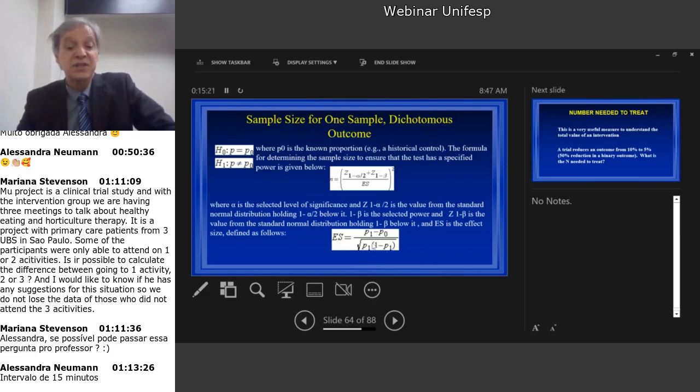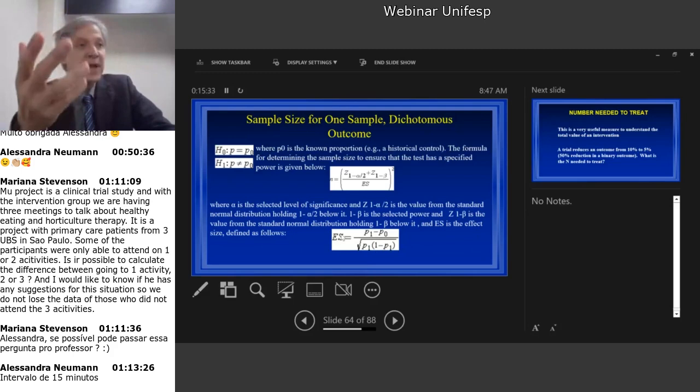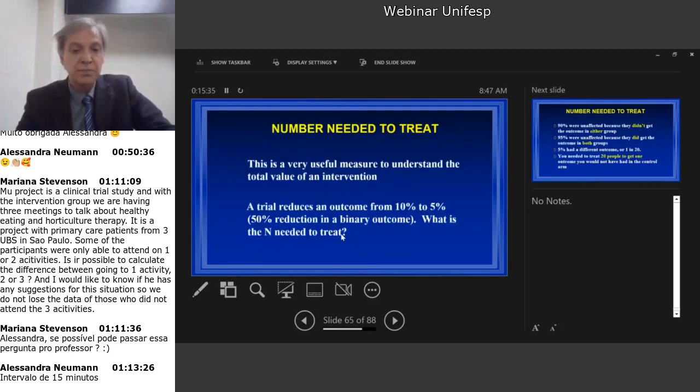In this case, the variance is PQ, like a Bernoulli. So you have your effect size, you have your formula, you plug in the values you have from previous studies, you plug in 0.84 and 1.96, boom, you go.